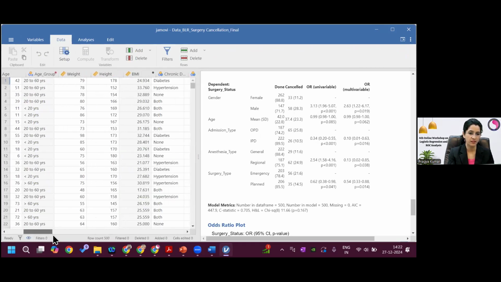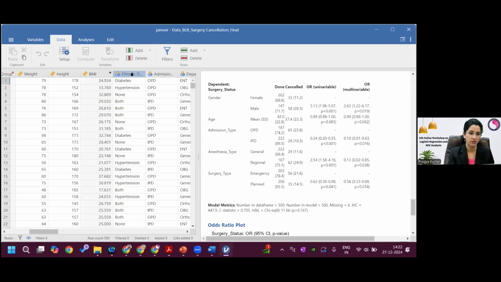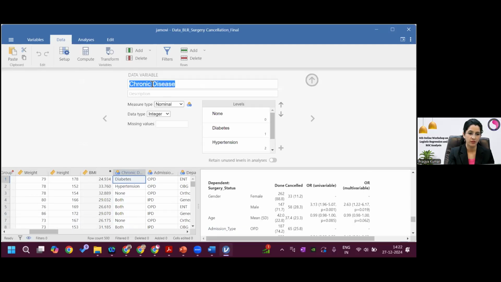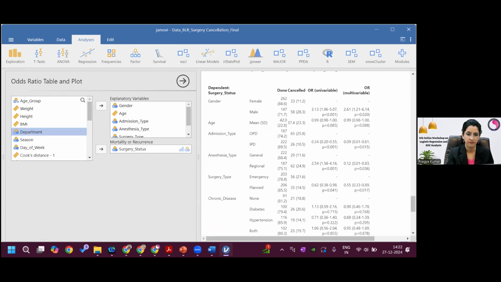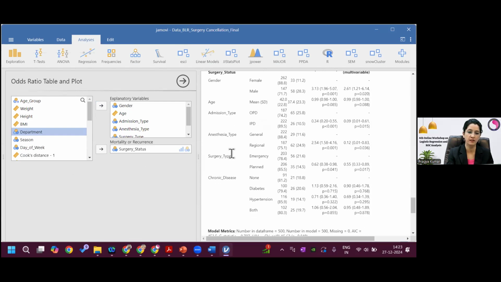Dr. Shamshad is saying that since there is no underscore, I'll put the underscore here in chronic disease. That's why it is not coming. Space. That I'm doing. Now let's see. So chronic disease, if now I enter. So yes, that's why you will see that there is an underscore in all these.